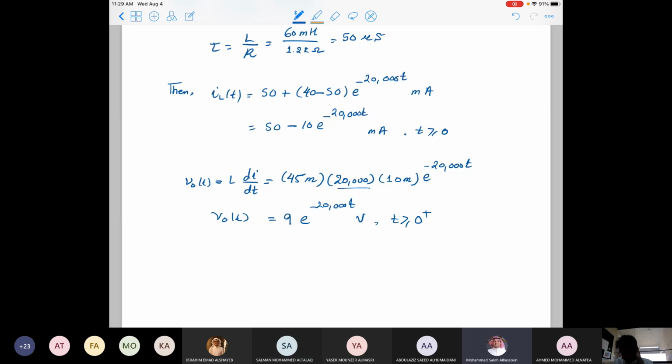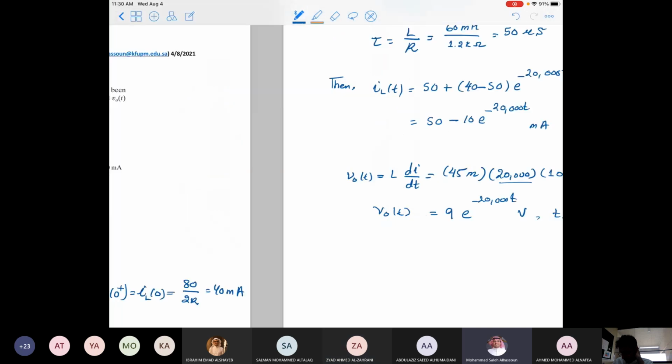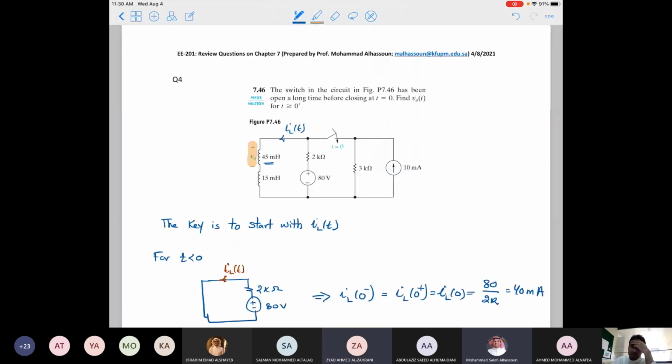Ziad? Can you go back to the circuit? When we find the time constant for the current, why do we have to use L as the combination of the inductors and not only that inductor, the 45?